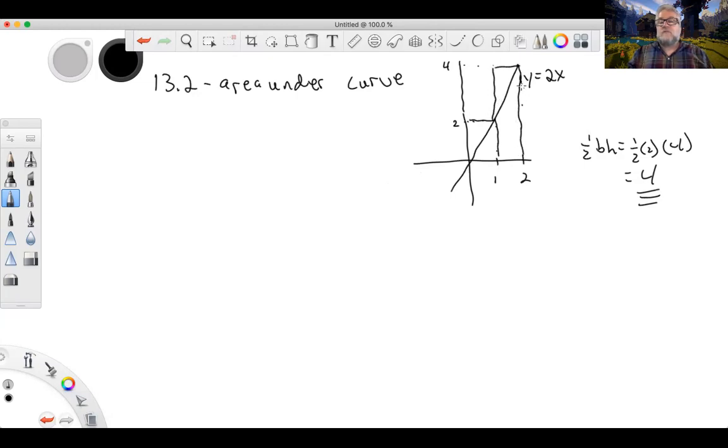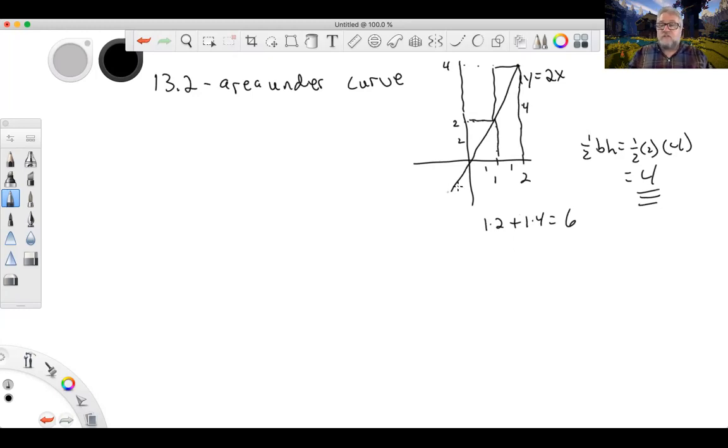It's kind of an estimate. This rectangle has a width of 1 and a height of 2, so its area would be 1 times 2. And this one has a width of 1, but a height of 4. It'd be 2 plus 4. That gives me 6. It's not right, but it's an estimate.